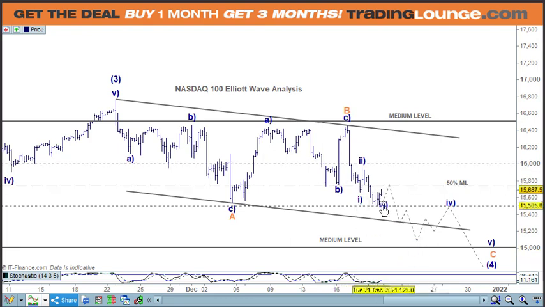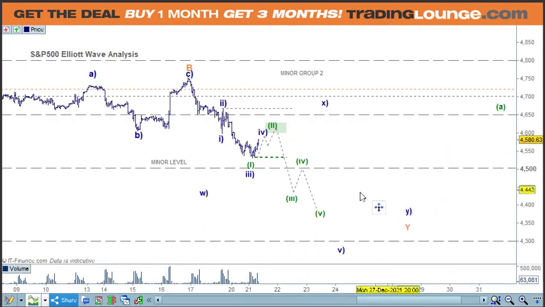So I can't put wave 3 here. I've got to put it down here and use that move down as wave 1, 2, 3, 4, 5. That means I need to translate this back on the S&P, not as wave 3, but as wave 1 here, and going back for wave 2 at that point into this box here, where you can short it. And you can also short the low here as well.